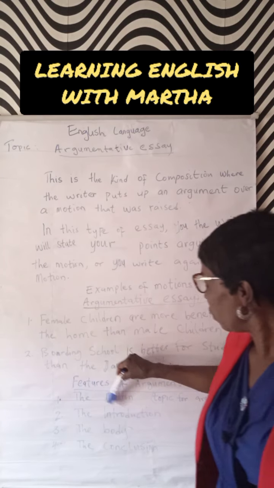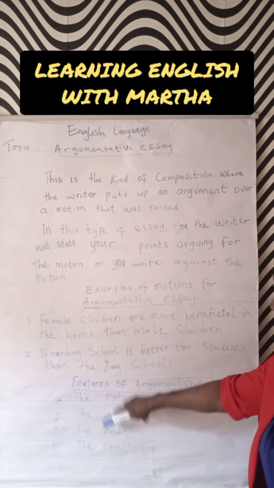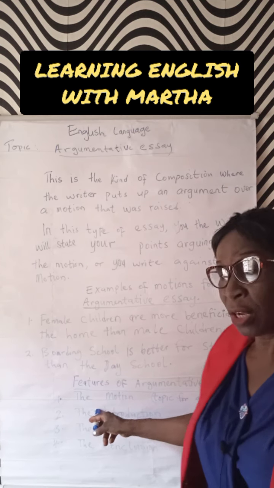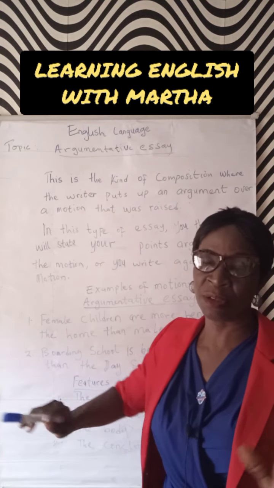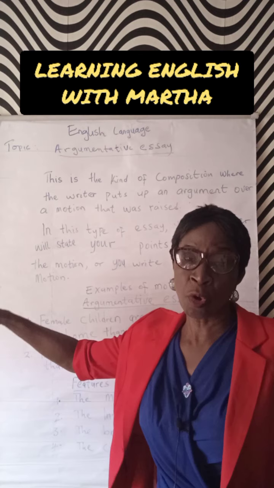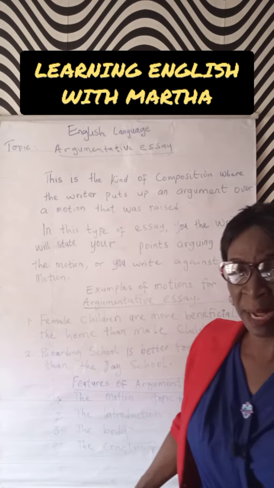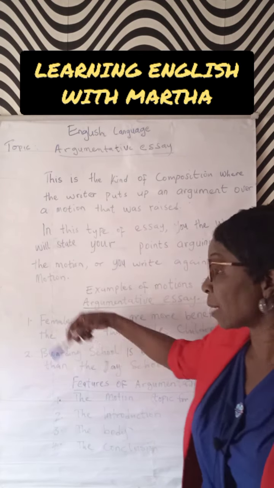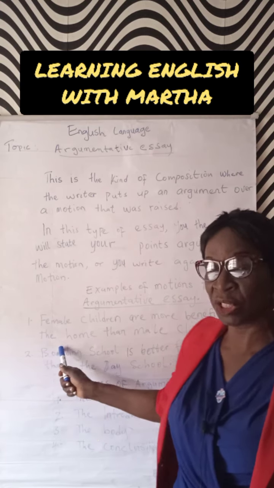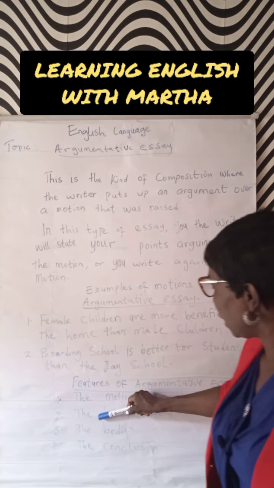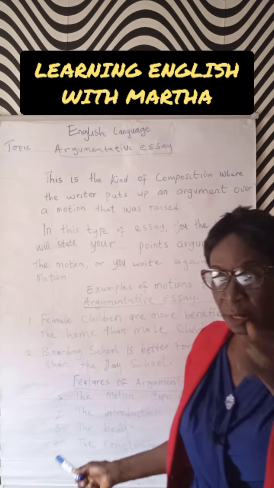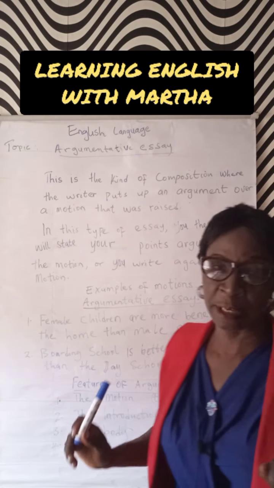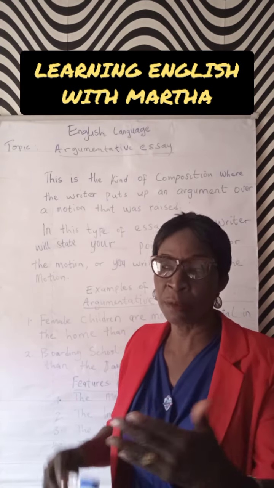And so anyone reading your essay, after seeing your introduction, we know the part you have taken. You have either taken the part of opposition or you have taken the part of proposition, that is accepting or refusal of the motion. And then after the introduction, you have the body of your essay, the argumentative essay.